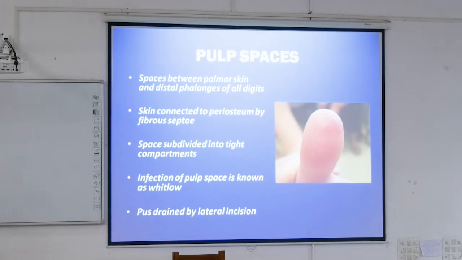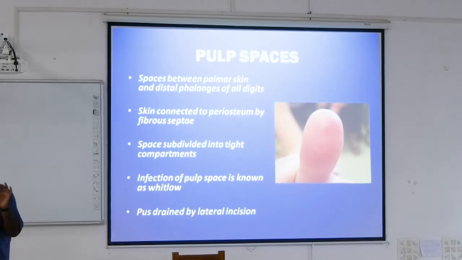Now pulp spaces, the spaces between the palmar skin and distal phalanges of all digits. Skin is connected to periosteum by fibrous septa, and the space is subdivided into tight compartments. Infection of the pulp space is known as whitlow, pus drained by lateral incision.